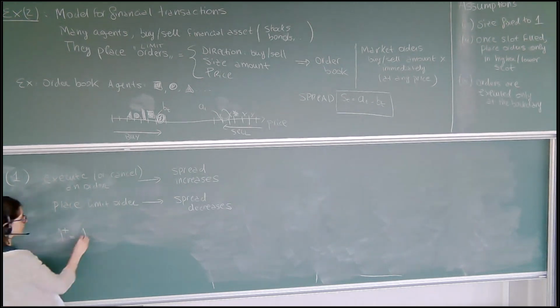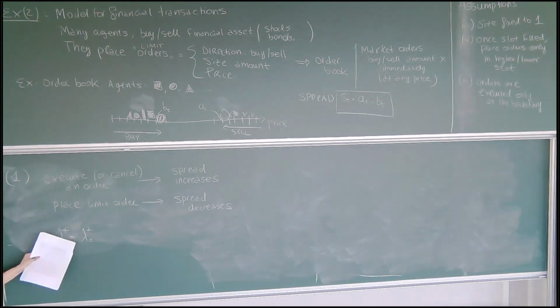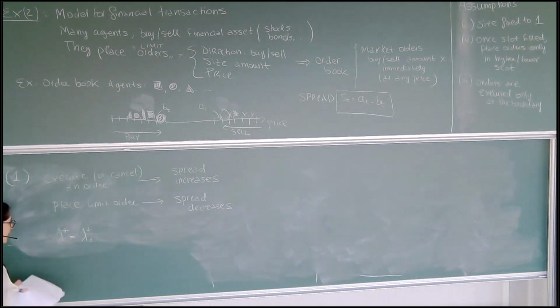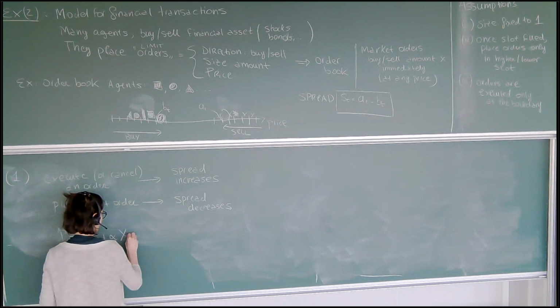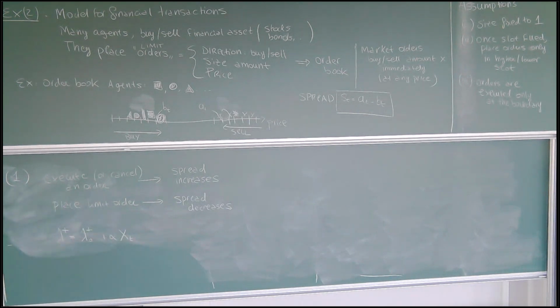So there is first a term which is the so-called background intensity. We called this mu before, but now let me stick to the notation of the paper. So this is a constant, lambda 0 plus. And then you have the term which contains the kernel that I will write in general like this. So this is a quantity which depends on time. So we have alpha. Now here we go again back to this issue of notations. In the lecture, alpha was called beta, and we are going to call beta what was called alpha.